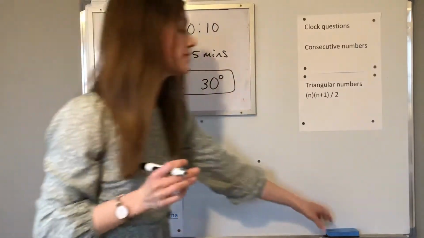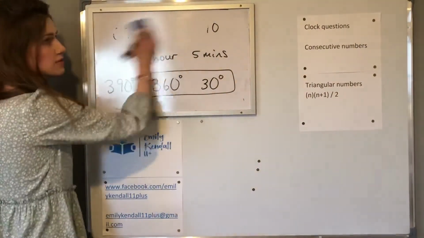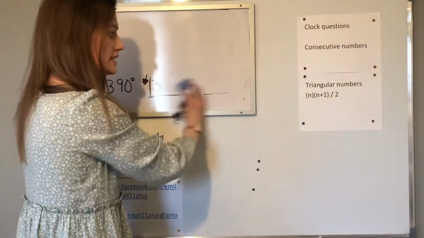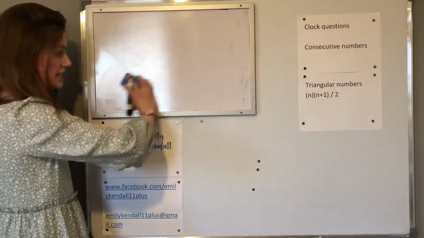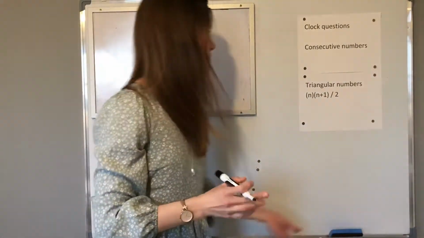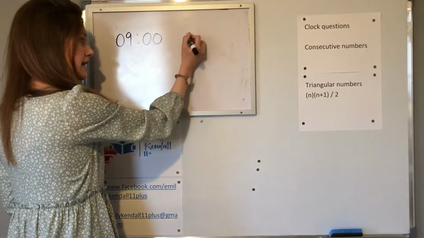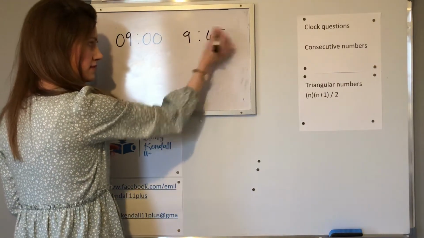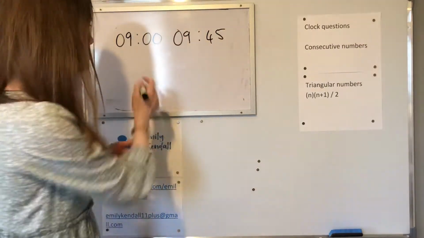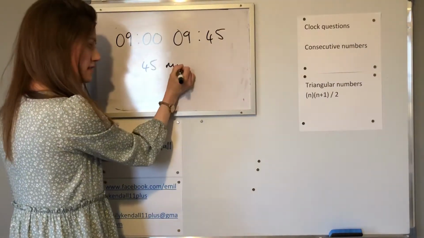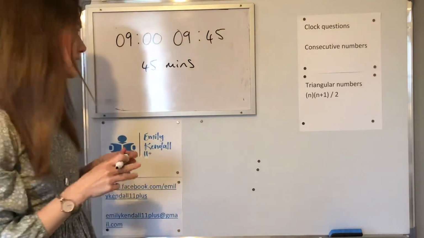Okay, these questions come up quite often. A few years ago there was a question that said, how far did the minute hand turn between 9 and 9:45? So if we just look quickly at that one, between 9 and 9:45, that one's a little bit easier. So in 45 minutes, how far does the minute hand move?